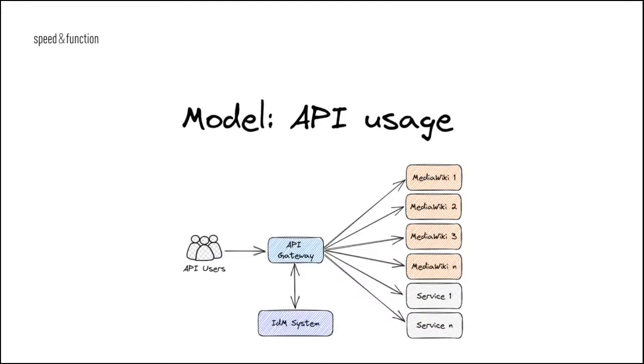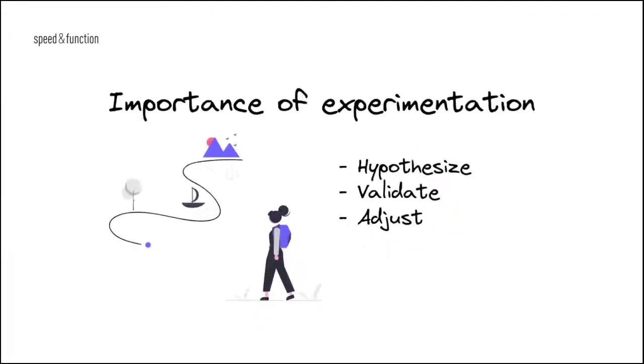And this is pretty much it from me. All of this to say, what I wanted to end on is the importance of running those kinds of experiments. It's not always possible. It doesn't look feasible a lot of the time, but you create the hypothesis, you validate the hypothesis, and then you adjust what you do.